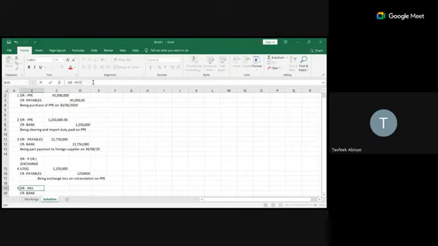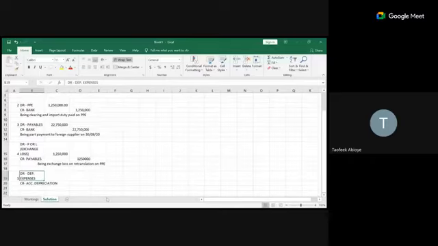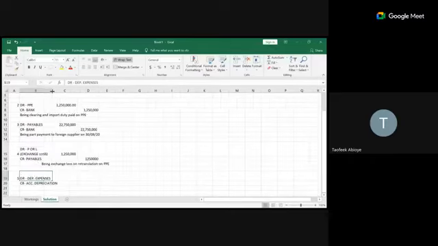So debit depreciation expense in the P or L. Then we credit accumulated depreciation, so that it will reduce the value of the PP in the balance sheet. So we debit depreciation, credit accumulated depreciation.